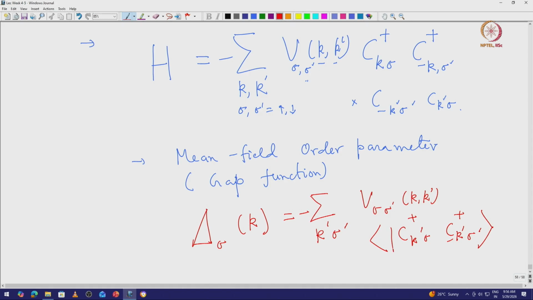So this is some superconducting ground state.